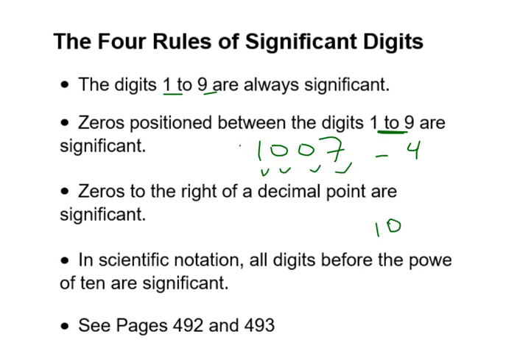But if you had the number 1000, that's tricky. Because now there's not another digit in between there. And so 1000 could have been rounded to the thousands, to the hundreds, to the tens, or to the ones. And we're really not certain about that one there. So anything to the right of a decimal point though, as soon as I start doing this, now I've taken the time to be exact. Now we count those zeros.